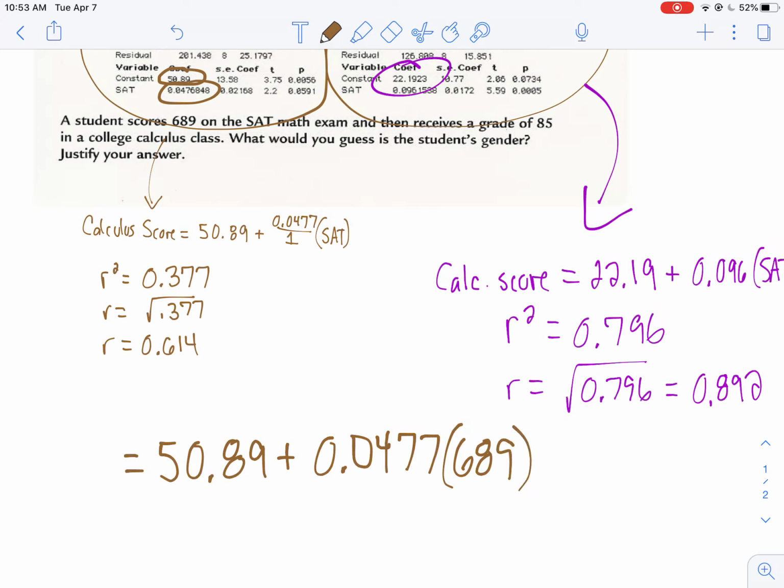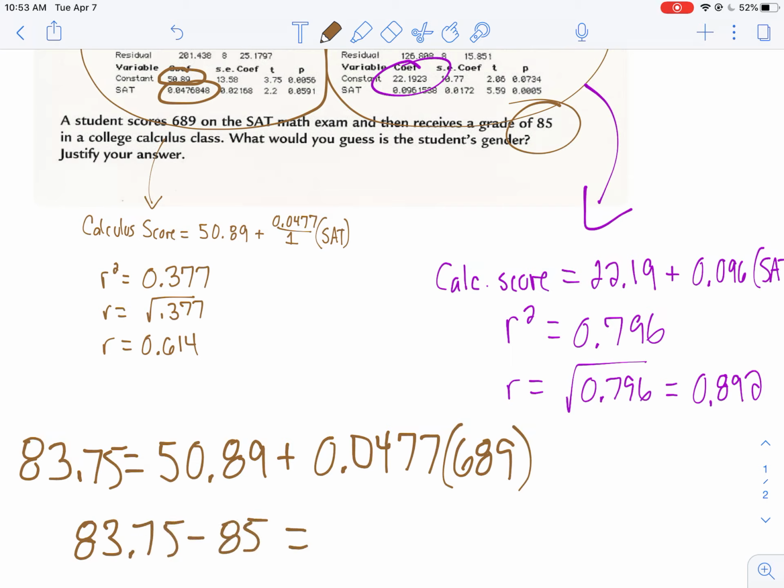We'll see what we get when we plug this in. Hopefully you're doing the same thing I am. All right, and I got 83.75. Now, we know that they received a score of 85 here. So we'll go with what we see minus what we expect, and we'll figure out what our residual is.